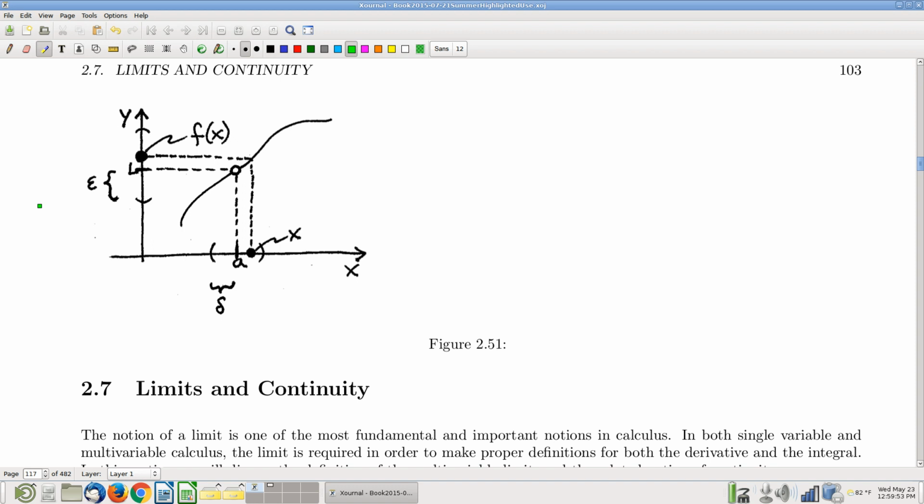Quick historical note. What I'm going to show you as the definition of a limit didn't actually get worked out when calculus was first discovered. Newton never wrote this down. Newton never really understood this, to be totally honest. Newton did a bunch of hand waving, and he talked about infinitesimals.